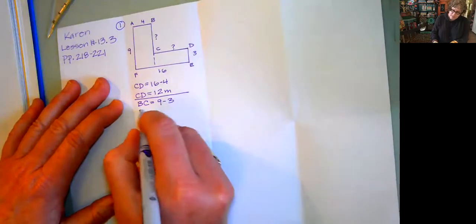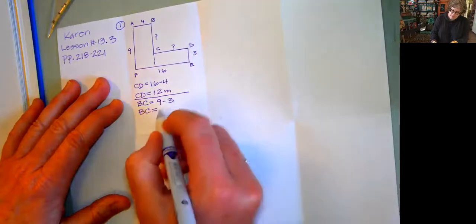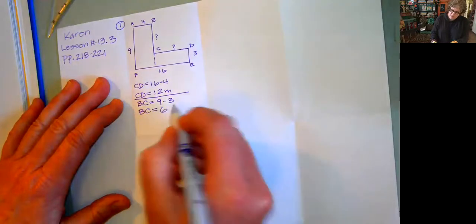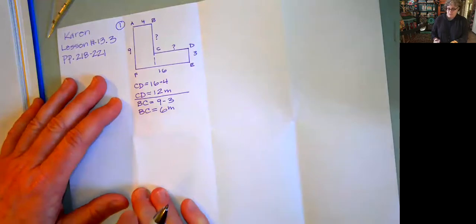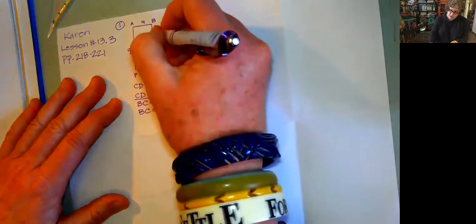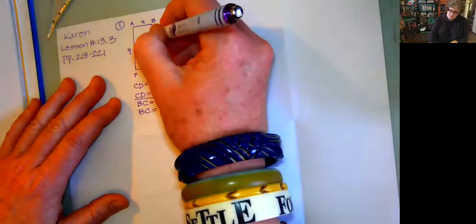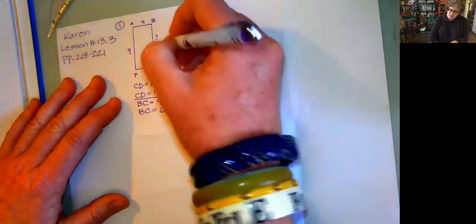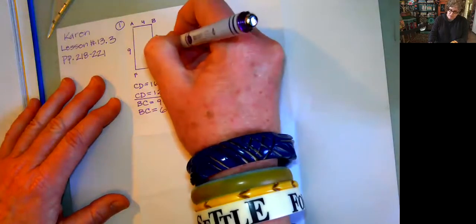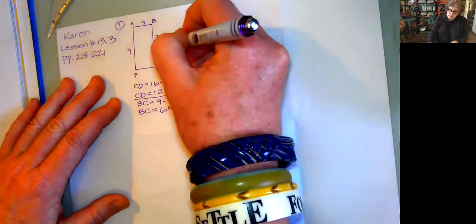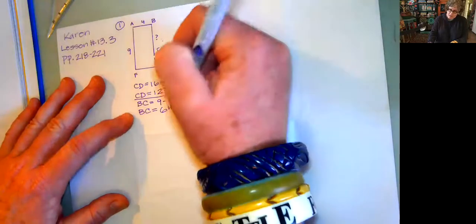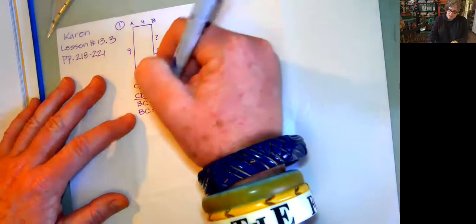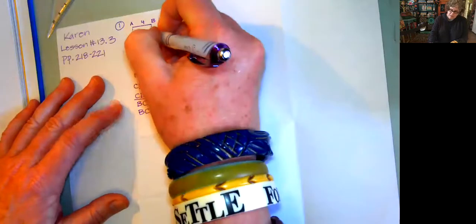And that means that BC is going to equal 6 meters, right? So now we know that this one right here is 12, right? We know that this is 12. And we know that BC is 6.